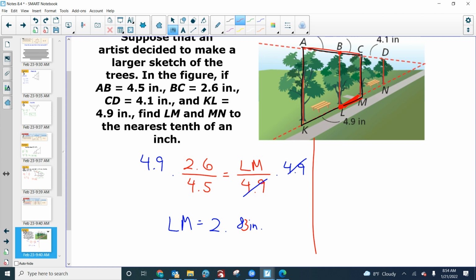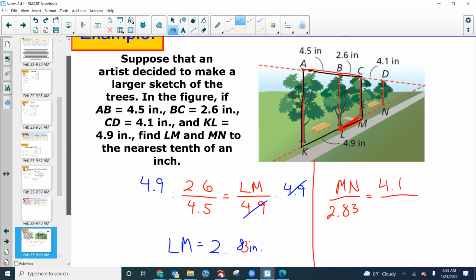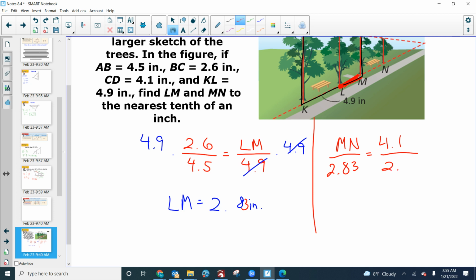So here we go. We'll call this MN. MN over LM, which was 2.83, equals 4.1 over 2.6. Multiply both sides by 2.83.